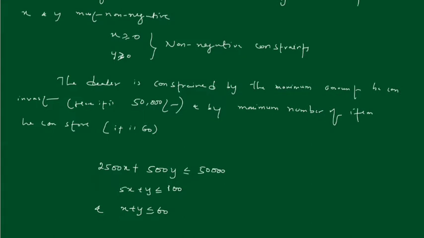So the dealer wants to invest in such a way as to maximize his profit, say Z. Already the values have been given. These two are the constraints: take it as equation 1 and equation 2.